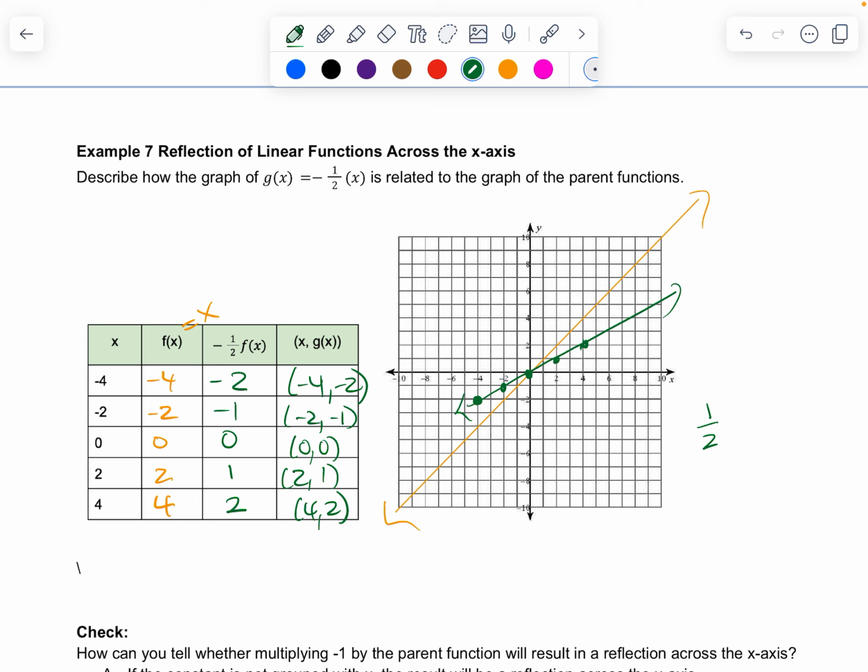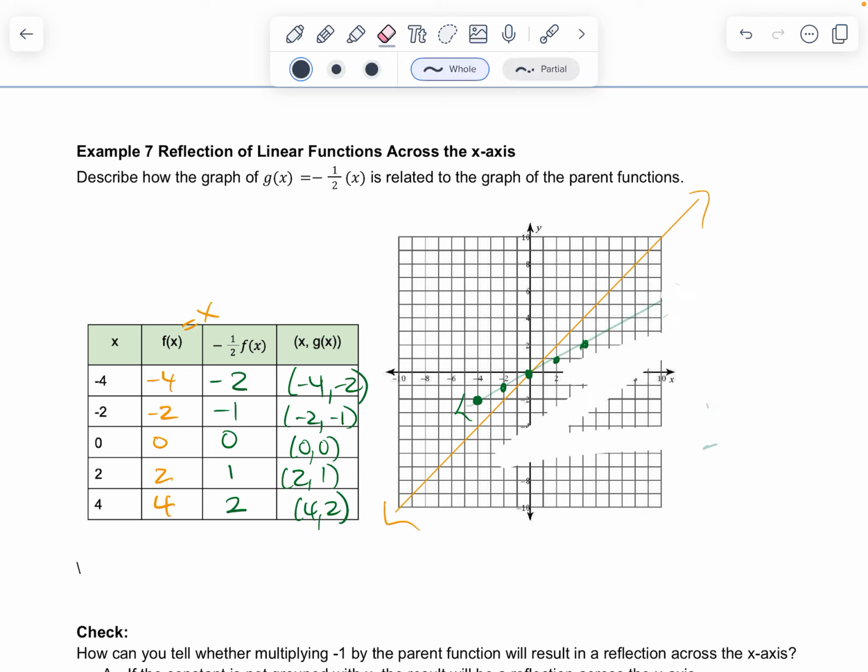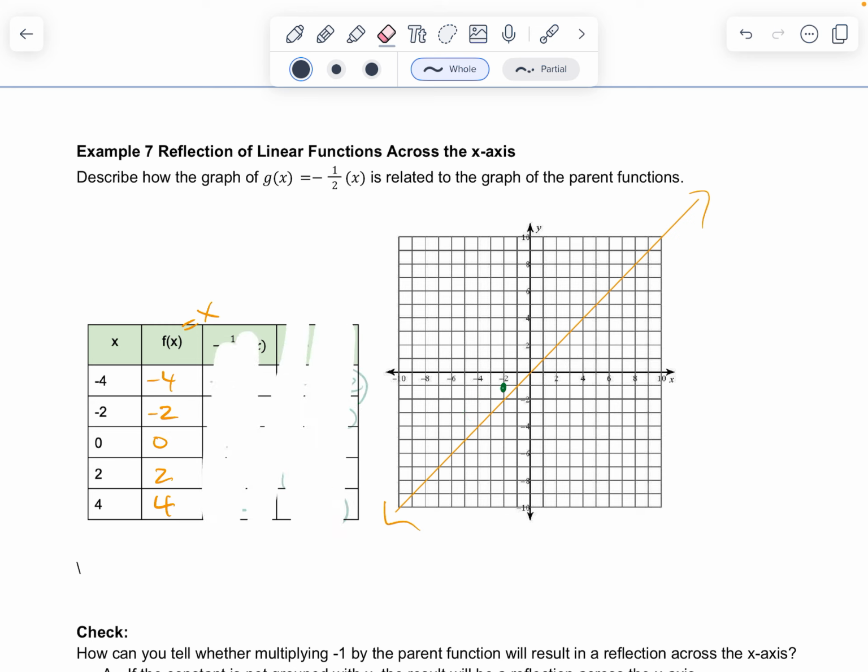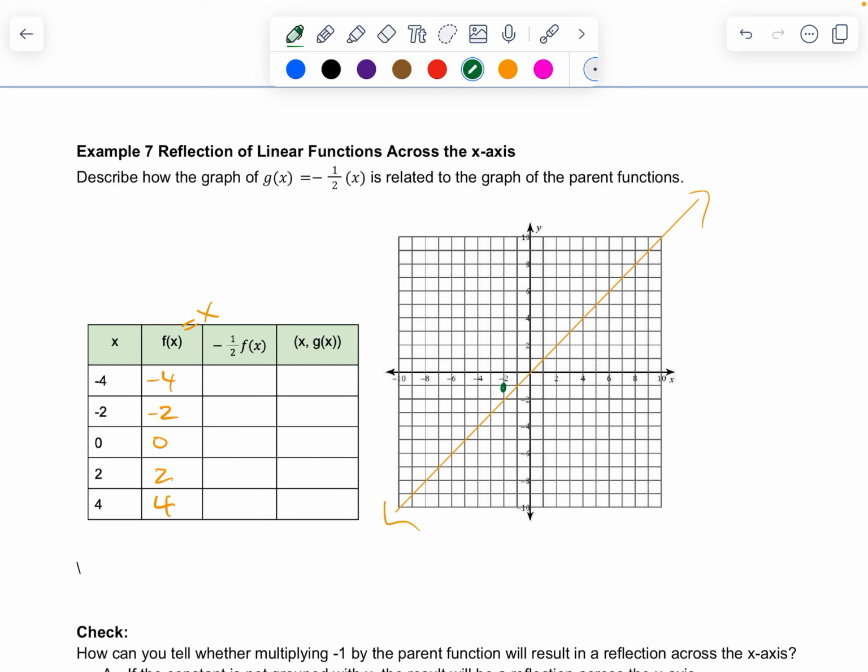Too bad nobody's actually paying attention to what I'm doing, or you're not here to yell at me for my ability to multiply. This would be +2. This would be +1, 0, -1, -2.